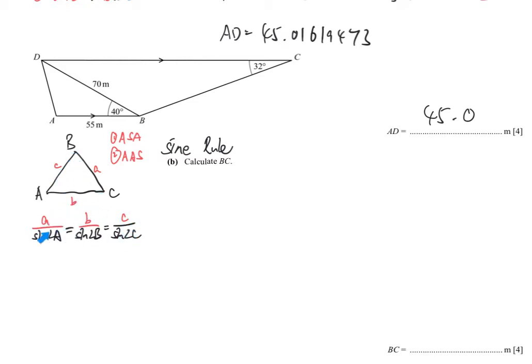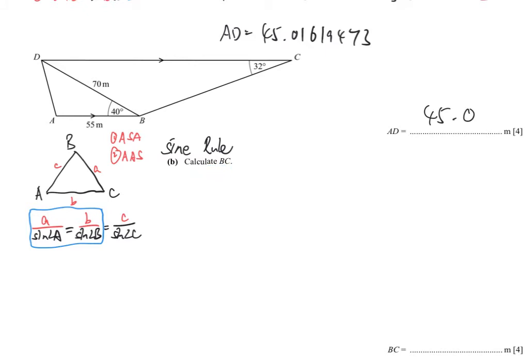There are six unknowns, so normally we just focus on two of them, maybe a over sine A equals b over sine B. You put in three numbers and then you get the final unknown. So let's focus on this diagram again. We need to calculate the length of BC.